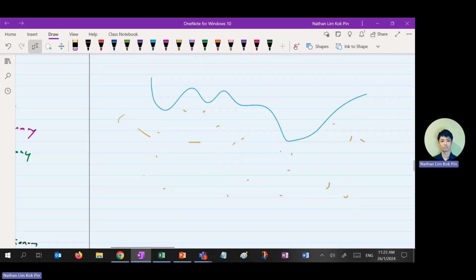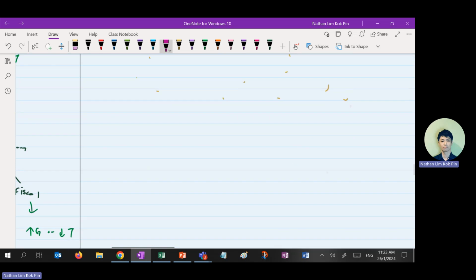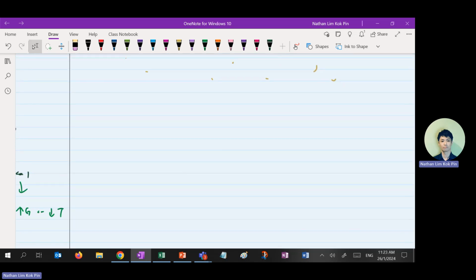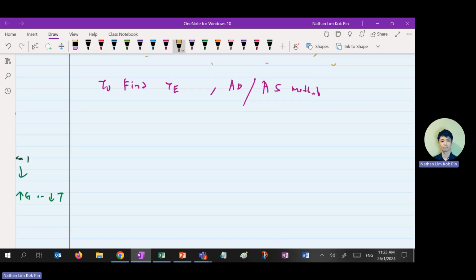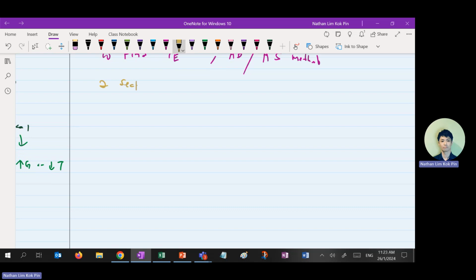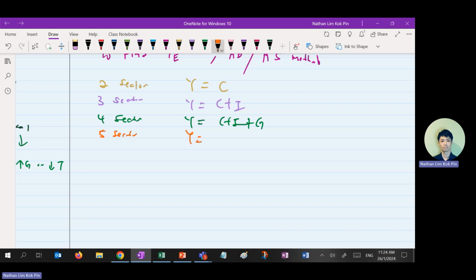This is what we covered. And the last part, of course I skip a little bit because it is a summary, is the AD-AS method to find national income equilibrium. For the 2 sector, Y equals C. 3 sector is Y equals C plus I. 4 sector is Y equals C plus I plus G. And 5 sector is Y equals C plus I plus G plus NX.